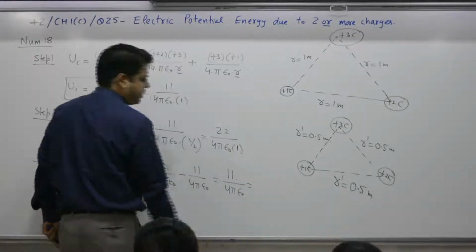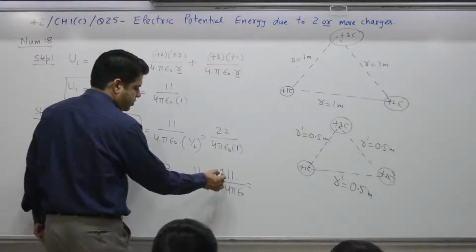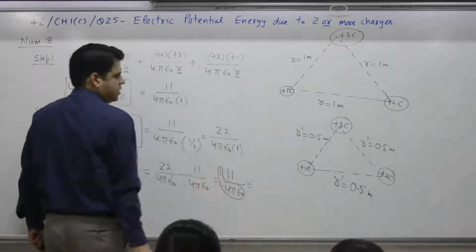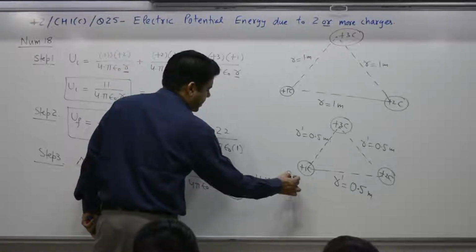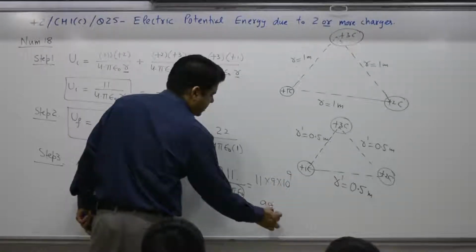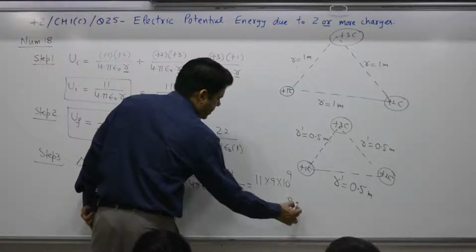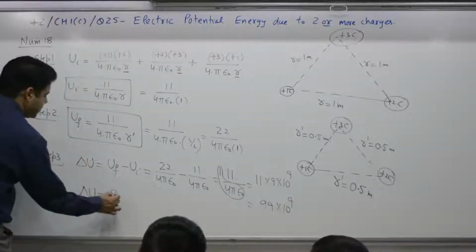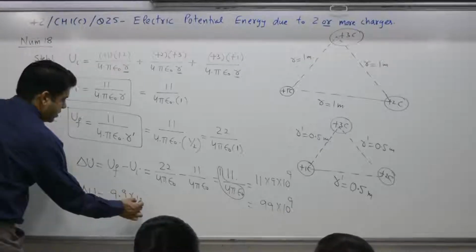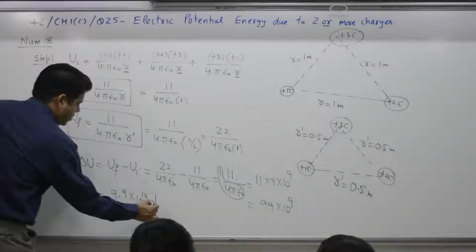What is the value of 1 by 4 pi epsilon naught? This value is 9 into 10 to the power 9. So the answer is 99 into 10 to the power 9, or you can say 9.9 into 10 to the power 10 units.